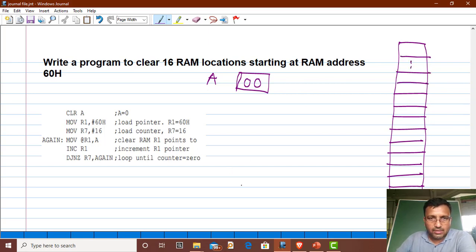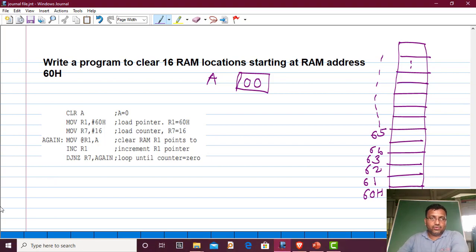My starting address of the RAM location is 60H, then 61, 62, 63, 64, 65, and so on, till 16 addresses.